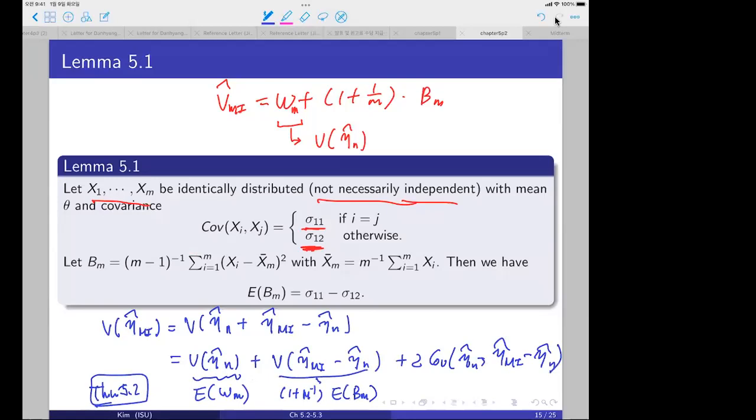And this one can be shown to be 0 if MLE is used. So you're right. The result is actually true even for m equal to 1, even though if m equal to 1, then Bm is not really defined. But the variance decomposition still holds.